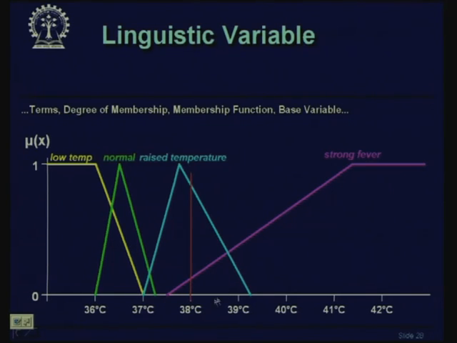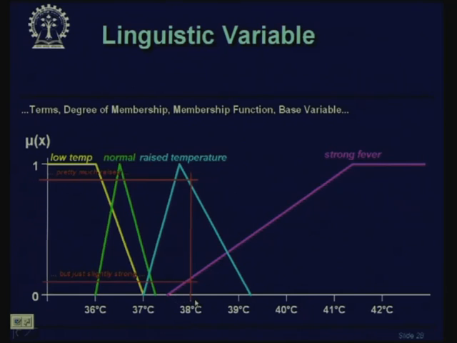Now, if we have 38 degrees centigrade as a particular value, then obviously we will get a membership of around 0.8, which we can say is pretty much raised, and again the same value maps in strong fever, it is intersecting in strong fever somewhere here, just slightly strong is our corresponding comment on this membership.